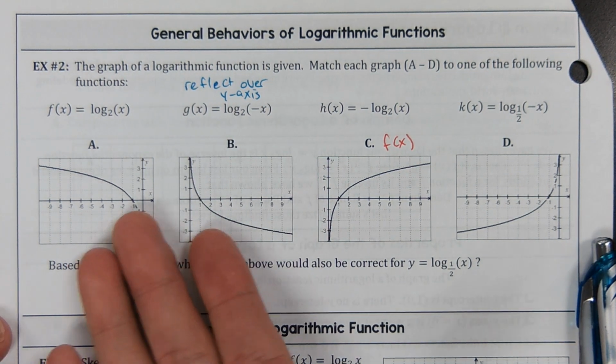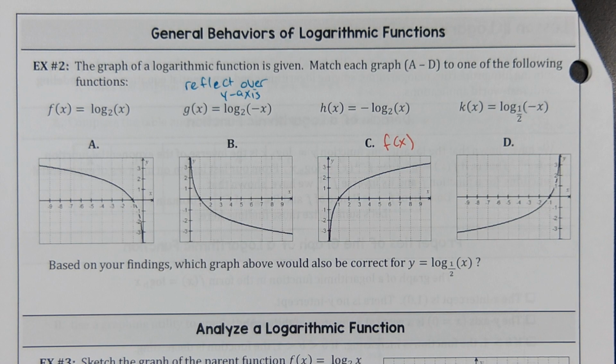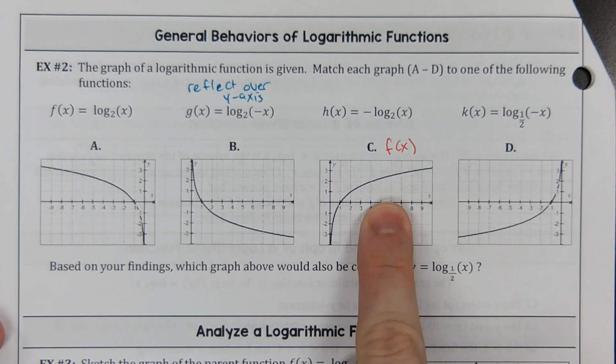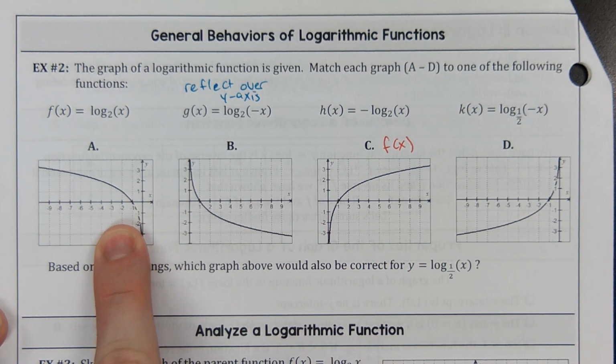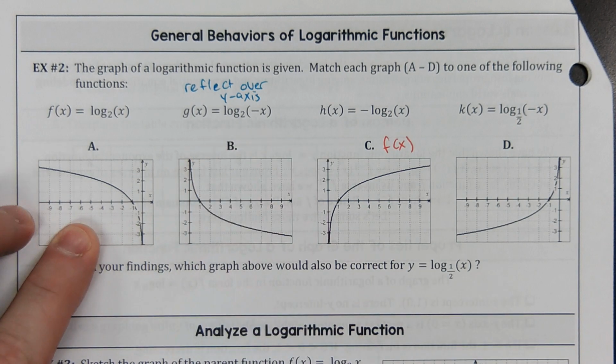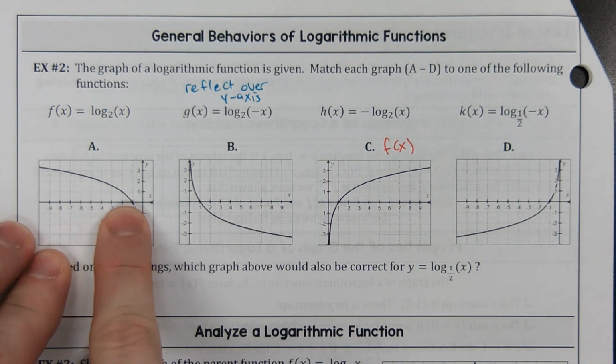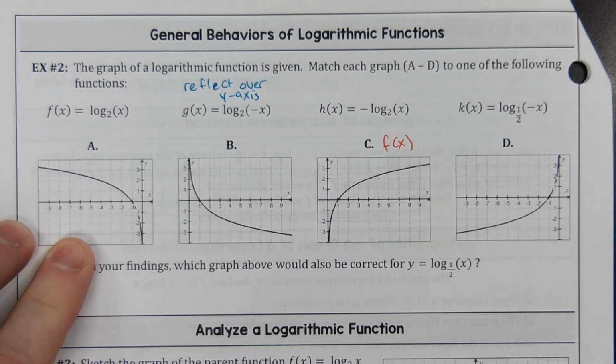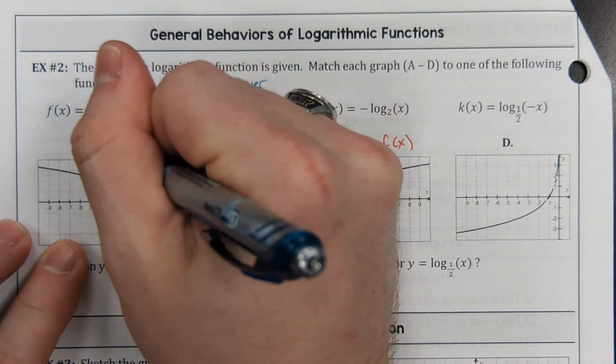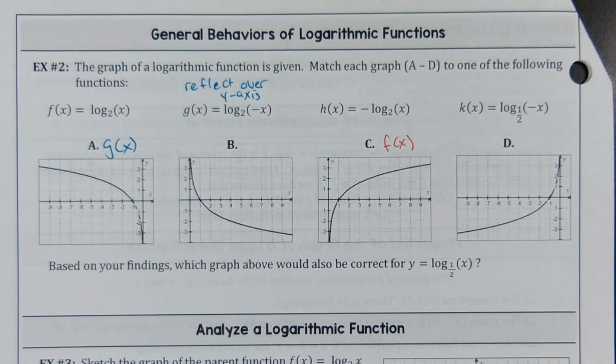So which of these graphs has us reflecting over the y-axis from our parent function? A. Oh, no, B is over the x-axis. So this one is over the y-axis, which is the horizontal reflection. So this one is our g of x. There it is.